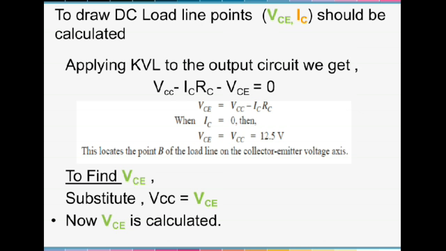Now substituting IC equal to 0, VCE equals VCC. It is given as VCC equal to 12.5 volts, so VCE is also 12.5 volts. Step 1 is directly obtained.